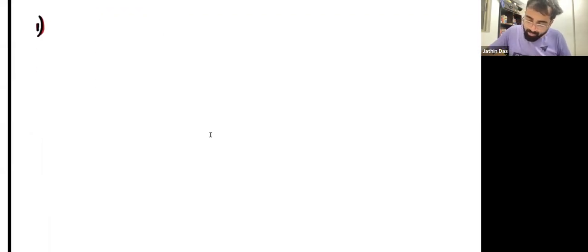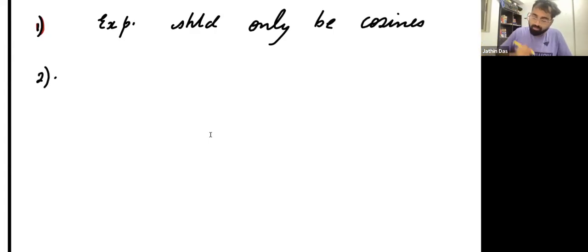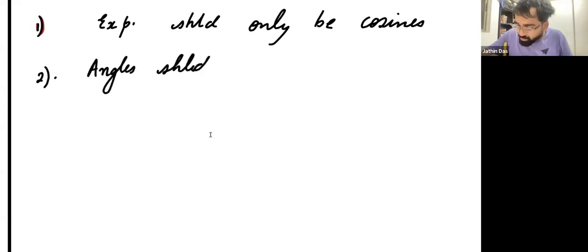Now, first thing you have to write: the expression should be only in cosine. Done? Next, the angles should be multiplied by 2, you can check that also.